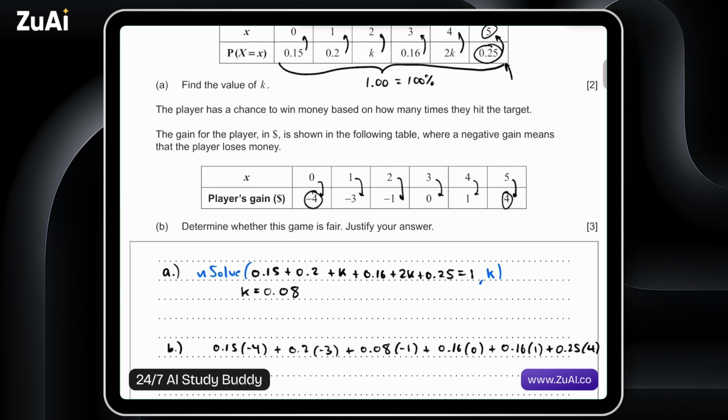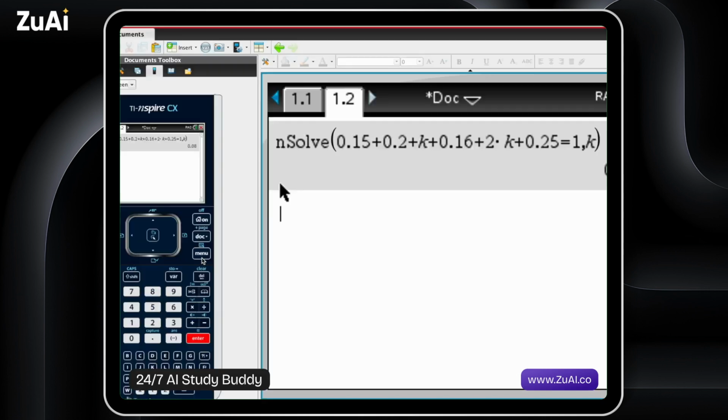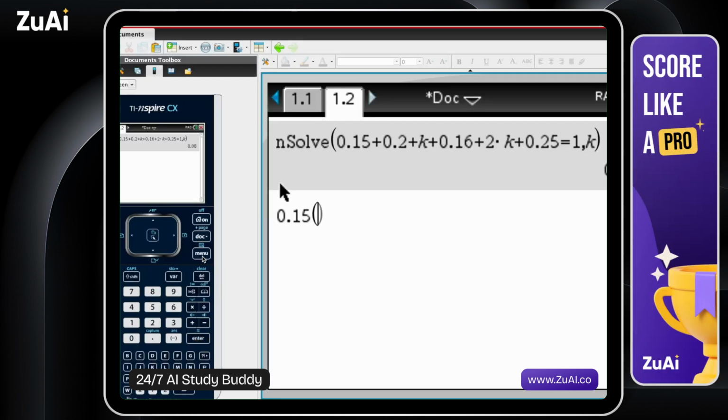So let's add this up on the calculator. 0.15 times -4 plus 0.2 times -3 plus 0.08 times -1 plus 0.16 times 0, I guess that one wasn't so necessary.